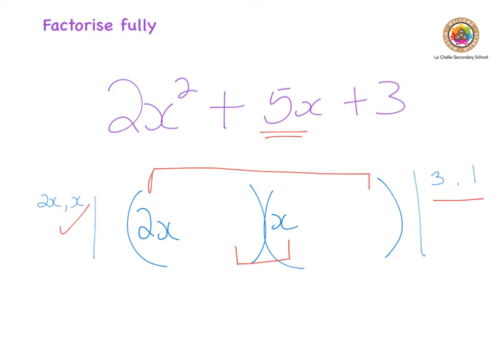Well, if I go here, I could have 2x by 3 and 1 by x. And I could say, well, 2x by 3 gives me 6x, 1 by x gives me 1x. Now, if I could take that away, then yes, but I can't do that because this is a plus sign. So I'm going to have to revisit and make a different option.